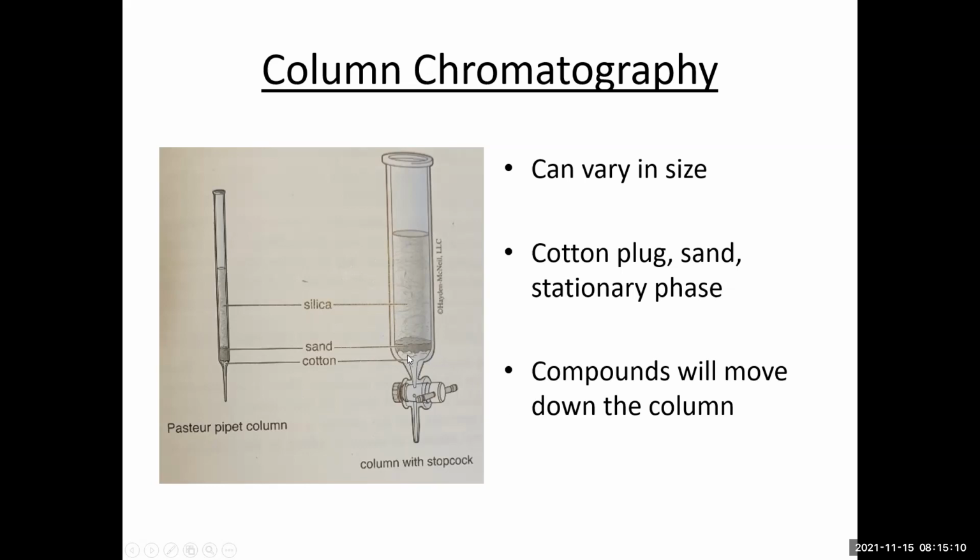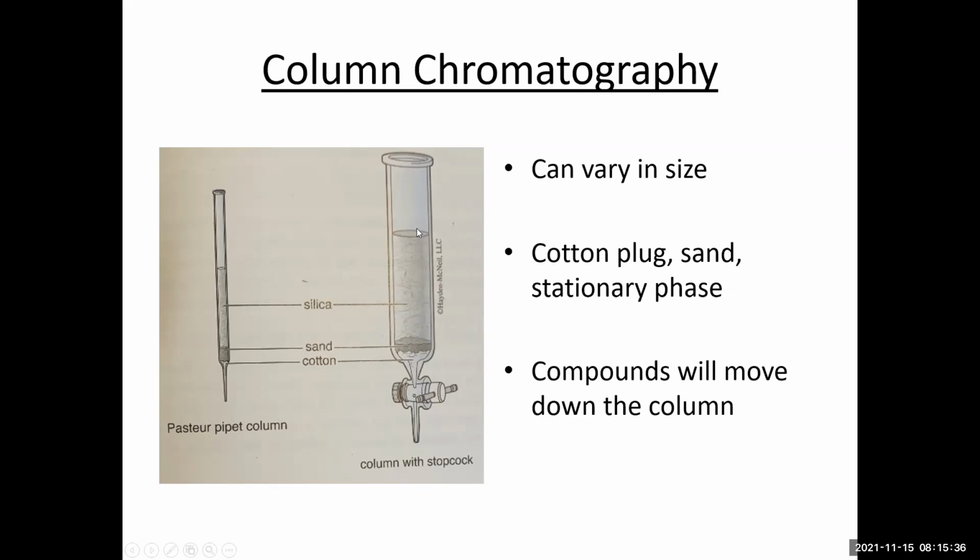That will prevent what we put above it from coming out of the column, which we don't want to happen. We just want solvent and dissolved compound to come out the bottom of the column. Typically above the cotton, because this is kind of a bumpy layer of cotton, we'll put a layer of sand so that we can have a nice flat surface for the bottom of the silica gel to sit on.